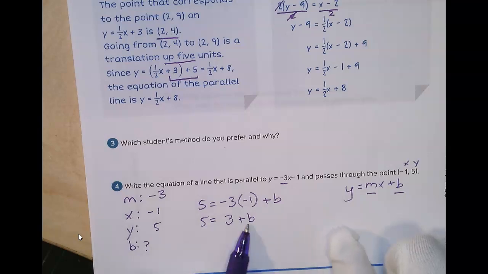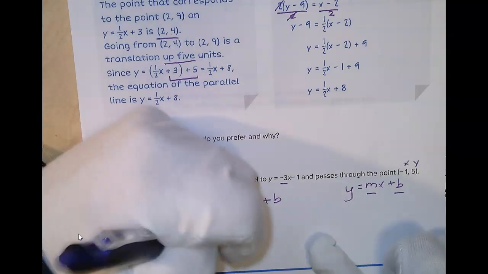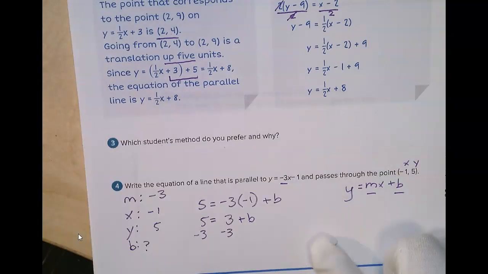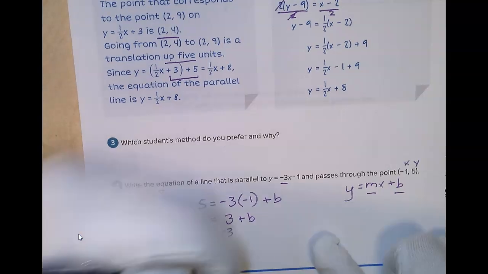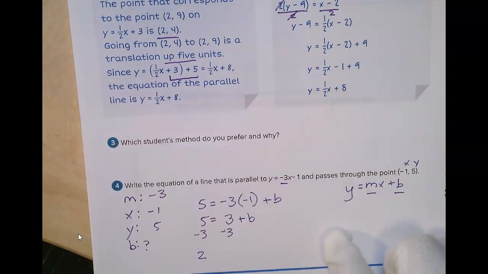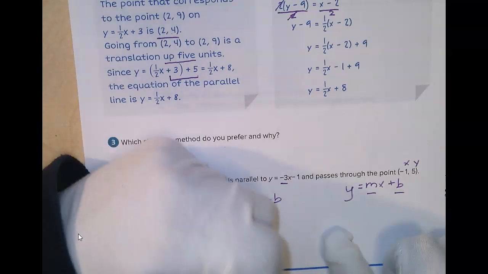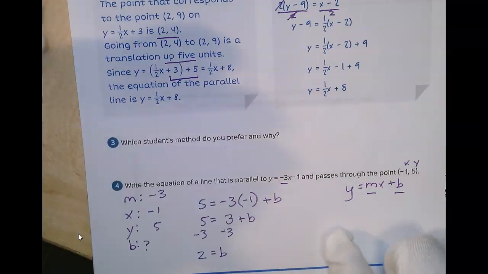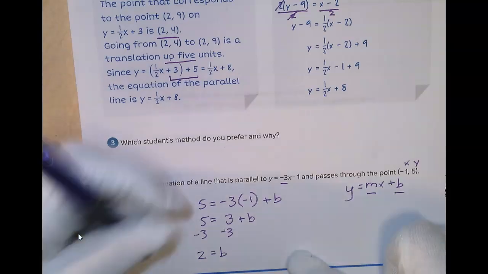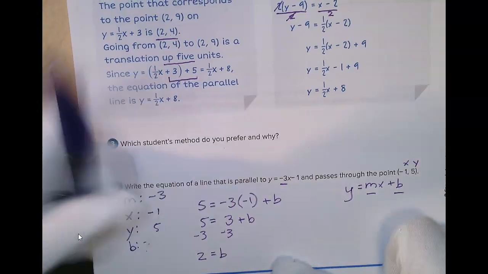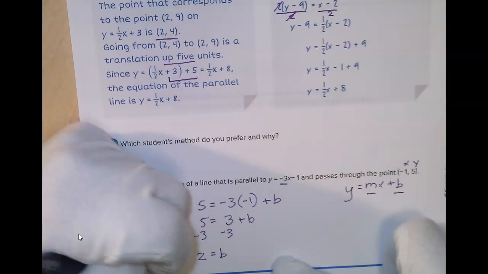And we want to find out what b is, so we need to get it alone. Subtract 3 from both sides so that these turn into 0. And we have 5 minus 3 is 2 equals b. Problem solved. We now know that b equals 2.